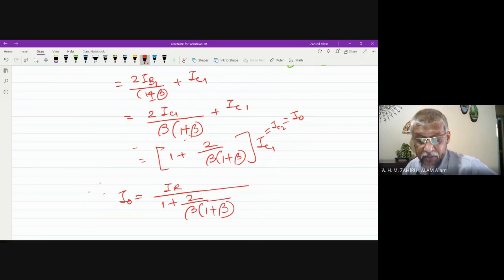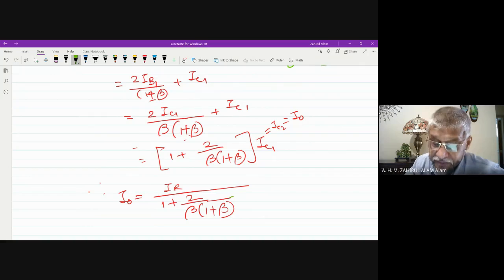So now we come out with the final relationship. So in this case, we have another 1 plus beta. It is very close to IR because 2 divided by beta initially now becomes 2 divided by beta times 1 plus beta.